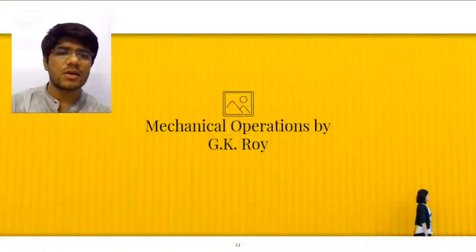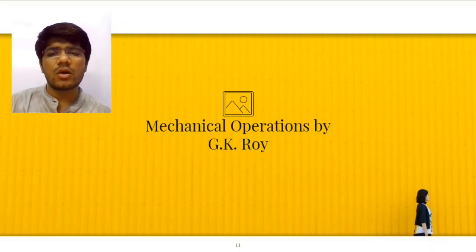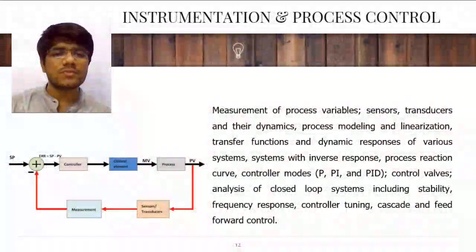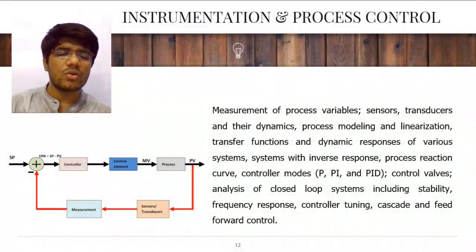You can study this subject from GK Roy, which is given in very simple language, or go to books such as Arihant or Unit Operations. But if you want to refer, then you can refer to GK Roy. The next subject is Instrumentation and Process Control.